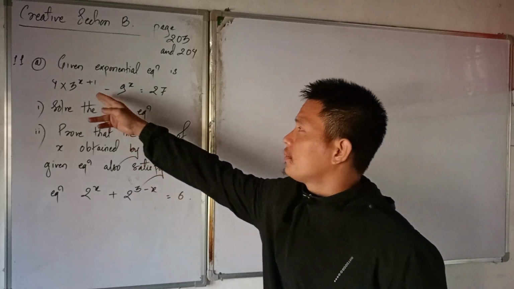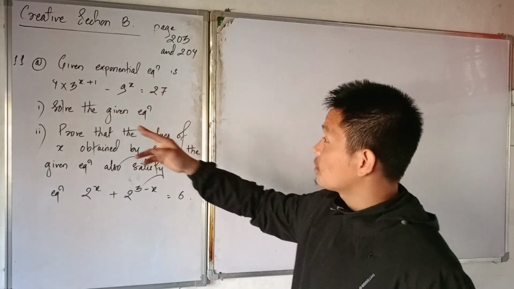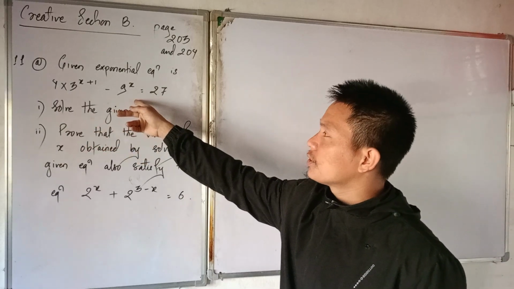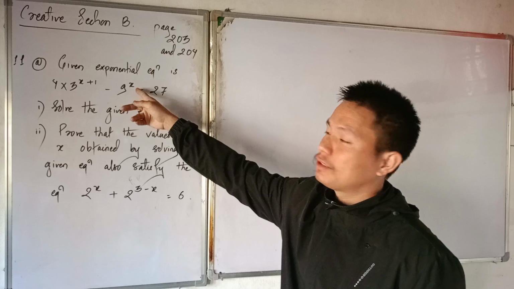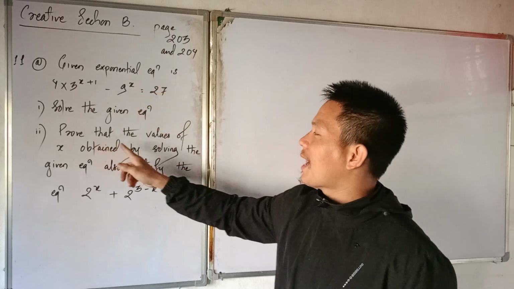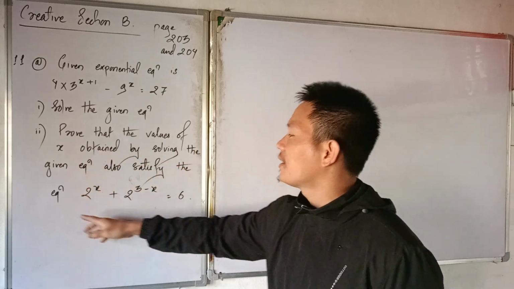You have to solve this equation and find the value of x here. After getting the value of x, prove that the values of x obtained by solving the given equation also satisfy the given equation.